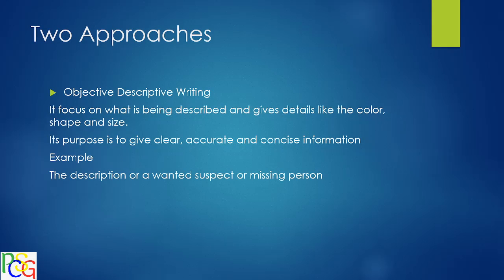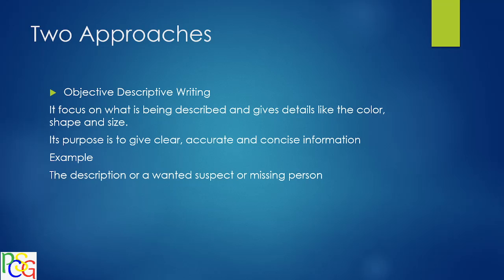So there are two approaches to descriptive writing. We have objective and we have subjective. First, objective is focused on what is being described, and it gives details like the color, the shape, and the size, right? Its purpose is to give clear, accurate, and concise information. And a superb example of this is we use this approach to descriptive writing, or speech even, when we describe a wanted suspect or a missing person, because we want that clear picture.